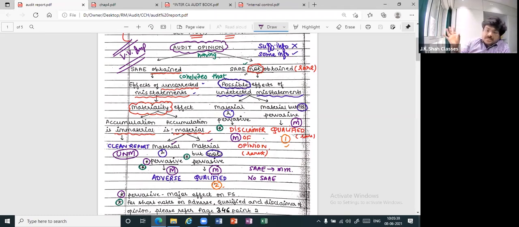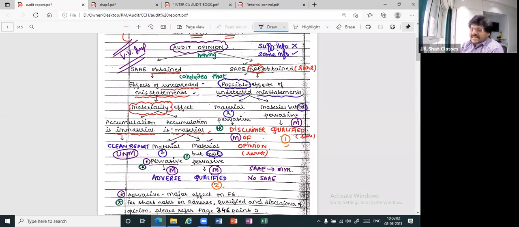But if accumulation is material, check further. Is it affecting the financial statements in a major way, or not? If it is affecting in a major way, it is known as pervasive. If it is not, it is not pervasive. So if the uncorrected misstatements are material and pervasive, then adverse. If it is material but not pervasive, then qualified.